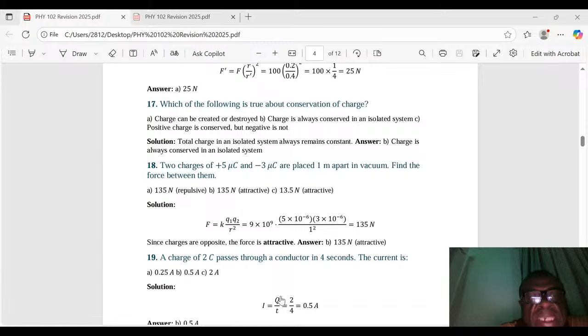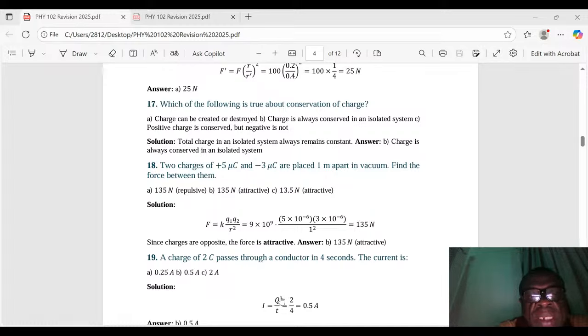Number 19. Please, if there's anything that you want to know or you are confused, drop your comment in the chat box. A charge of 2 coulomb passes through a conductor in 4 seconds. The current is A, 0.2 ampere, B, 0.5 ampere, C, 2 ampere.